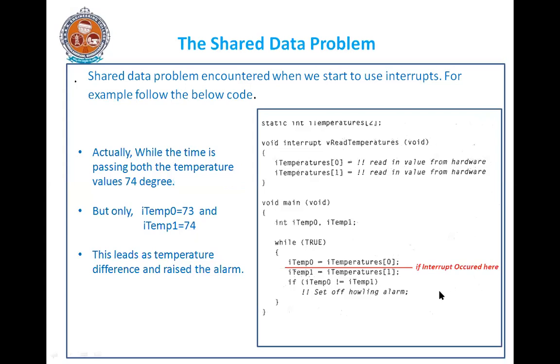Whenever data is being shared, for example these temperatures, and in between an interrupt has occurred, then we will get a problem called the shared data problem.